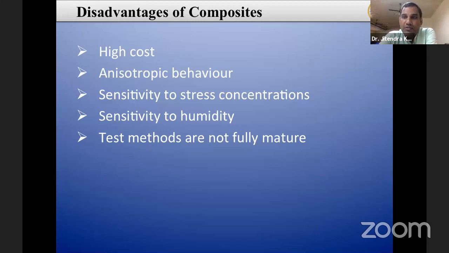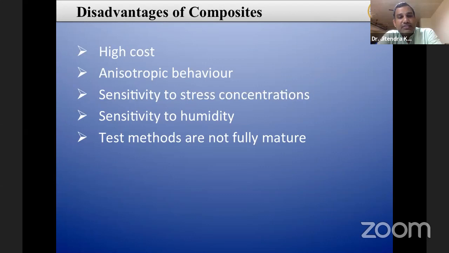Also, till now, in this 2020 era, fully matured testing methods for composites are not developed. So this is still a research point, and you can say it is beneficial to us, because you can at least produce and set one best research method through which you can get all properties.